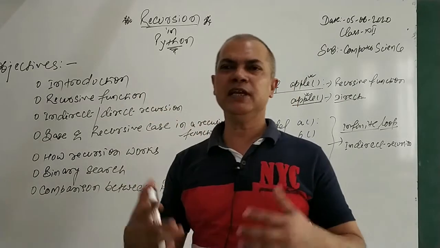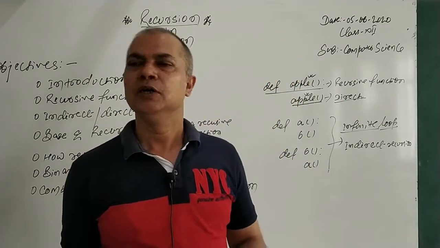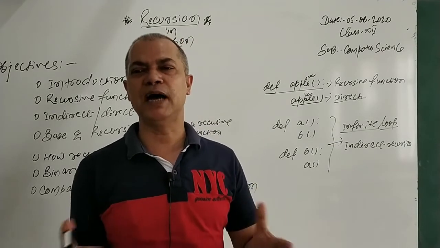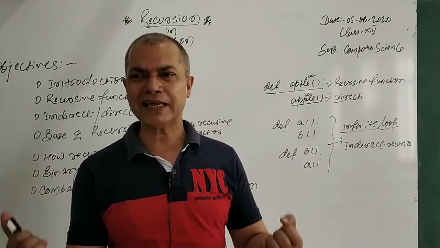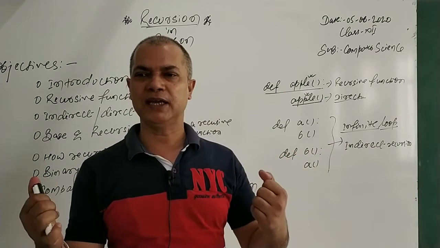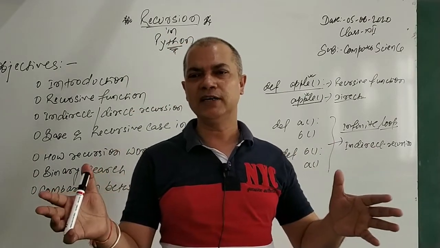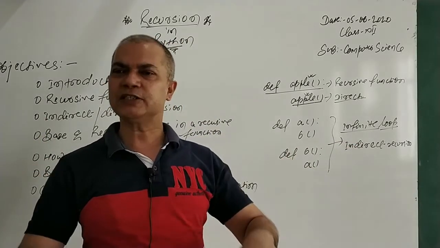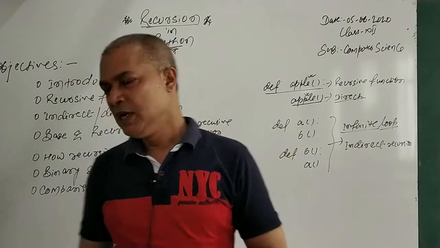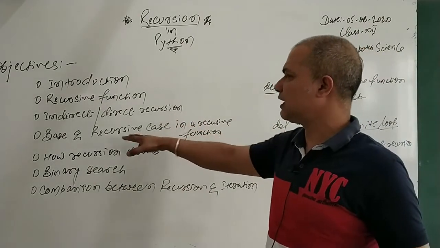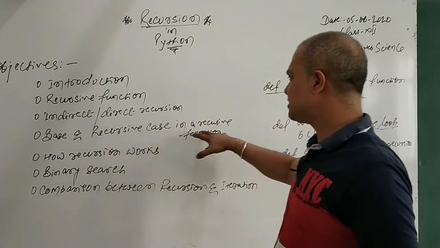In every recursion method, we use the recursive function to reduce the complexity of any programming technique where too much calculation is required. That's why we are using recursion. Every recursive method must have two cases, the base case and the recursive case.